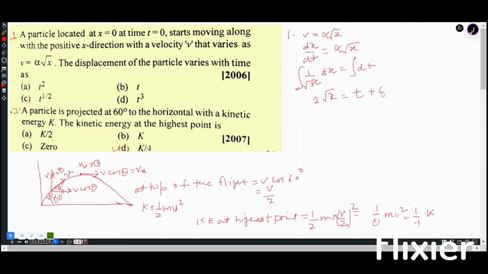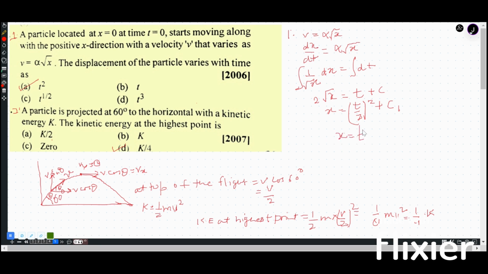Now if we square up both sides, we get x is equal to (alpha t by 2) whole square plus another constant, which is equal to alpha square t square by 4 plus another constant. We are given that x is equal to 0 at time t equal to 0. So we put those values and we get x proportional to t square by 4.